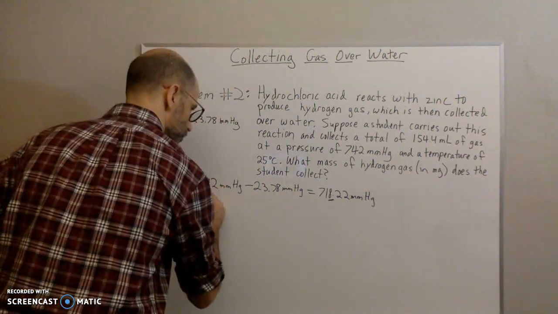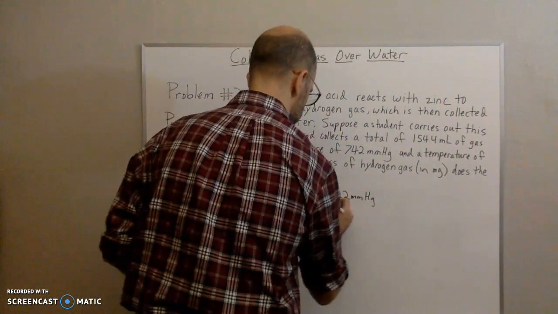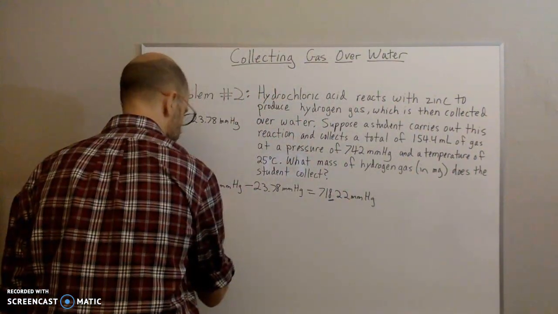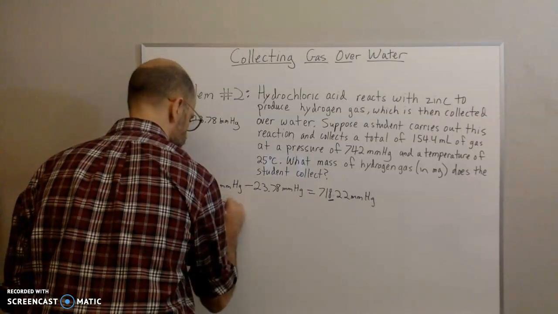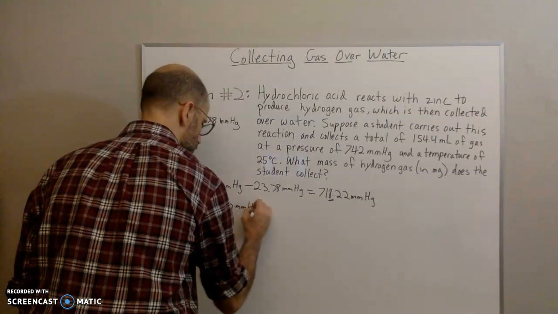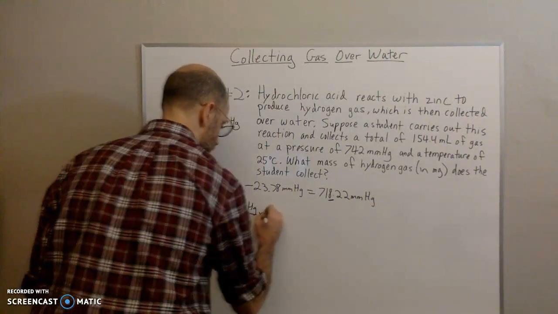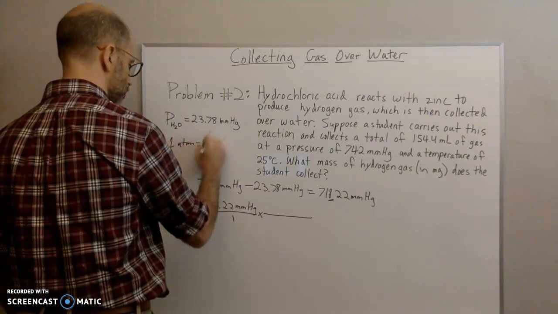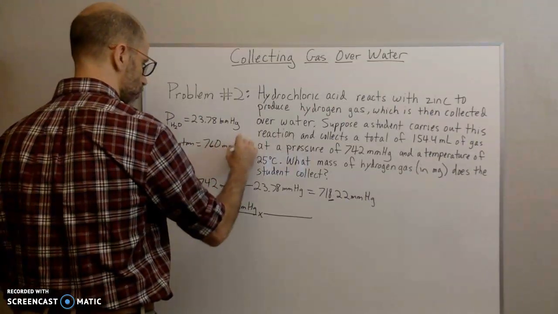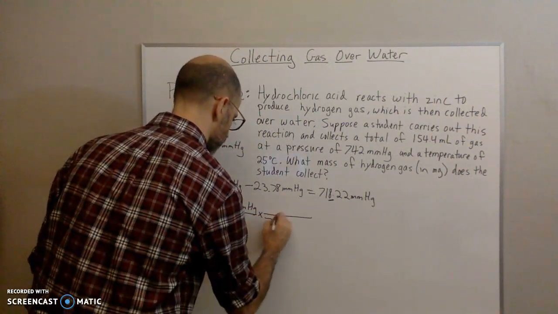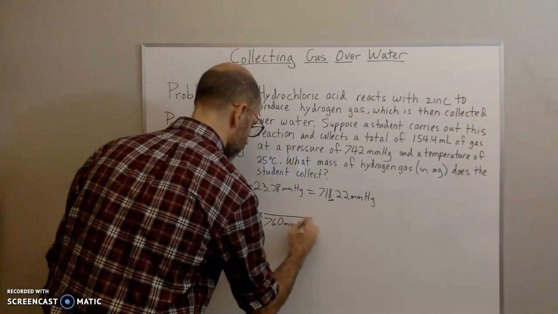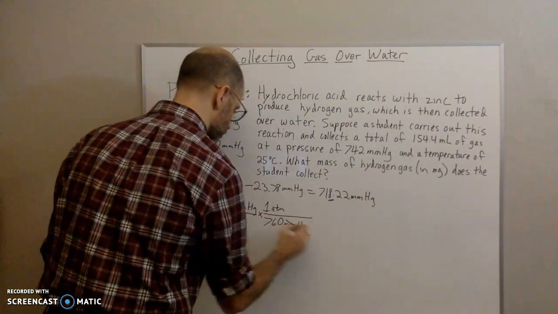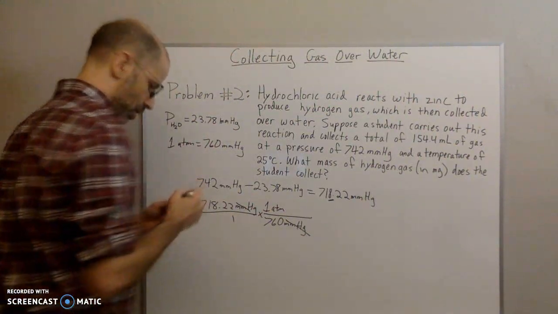So 718.22 millimeters of mercury over 1, and 1 atmosphere is equal to 760 millimeters of mercury. 760 millimeters of mercury is on the bottom and 1 atmosphere is on top, so millimeters of mercury cancel out.